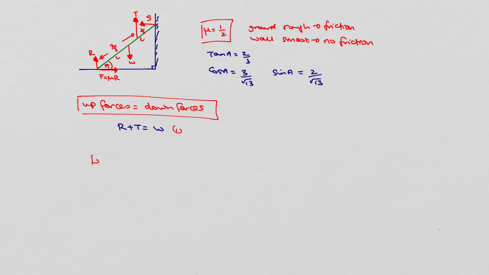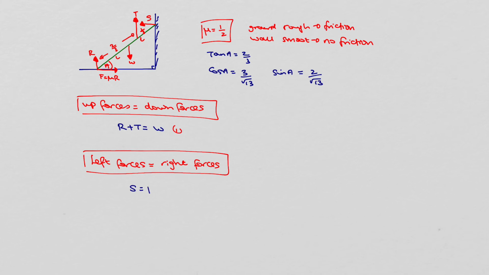We then have our left forces must equal our right forces. And therefore, if we're looking at our left is equal to our right, we're going to have S is equal to mu R on the point of slipping. But we know what mu is, it's a half, so therefore S will equal a half times R, or R over 2. So we can call it equation 2, because we don't know what R is this time.